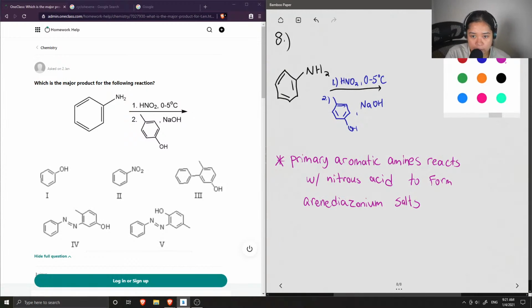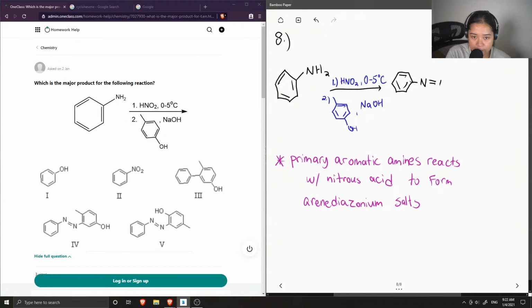So the following product, we have our first benzene group, nitrogen that is double bonded with another nitrogen.